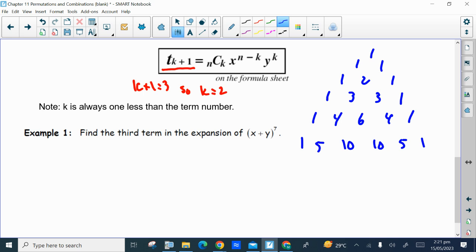Because in this case, n is 7, it's x plus y to the power 7, that means you have to have 8 terms. The number of terms is always 1 more than n. So right now, we only have 6 coefficients. We need to generate 2 more rows to get 8 coefficients, because we need 8 terms.